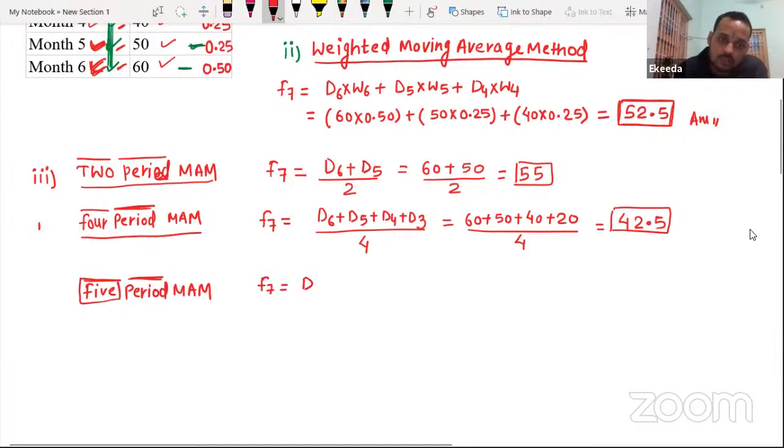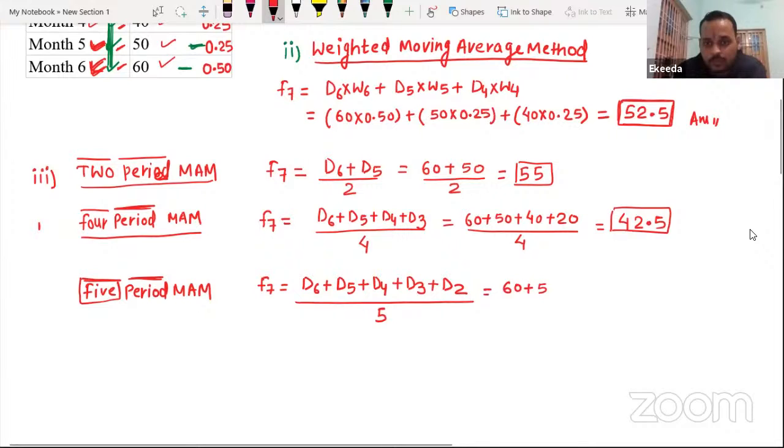So just write from the latest: d6 plus d5 plus d4 plus d3 plus d2 divided by the total number. It means we have to take the average, so 5 period means divided by 5. The demand is 60, 50, 40, 20, and the last one was 30, divided by 5.